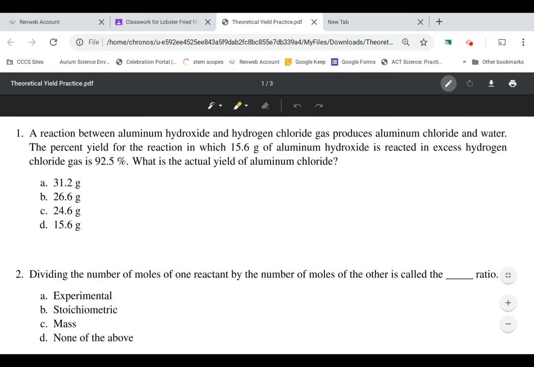So where do we learn the actual yield? You have to start with the formula that gives you the answer first, right?